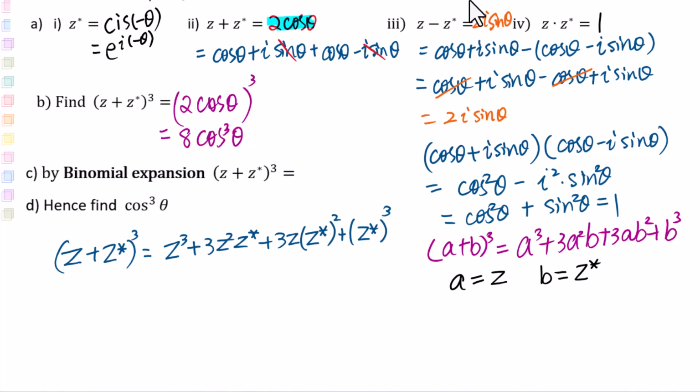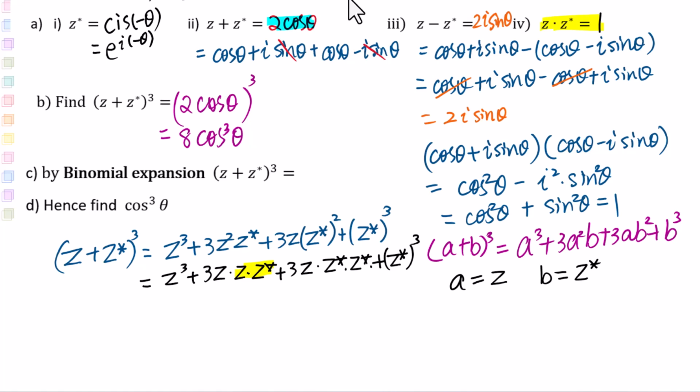We will use this fact: z times z star equals 1. We get z to the third power plus 3z times z times z star plus 3z times z star times z star plus z star to the third power.